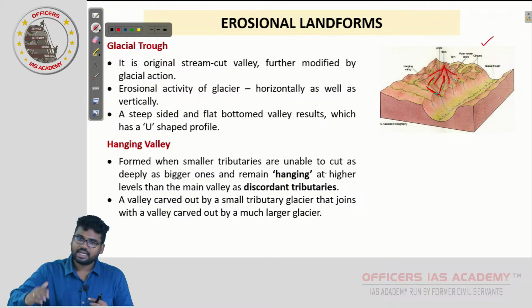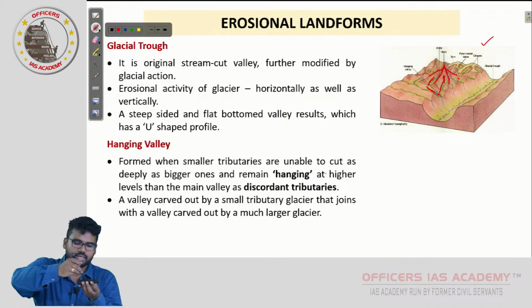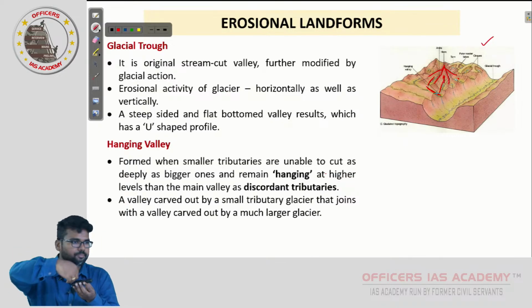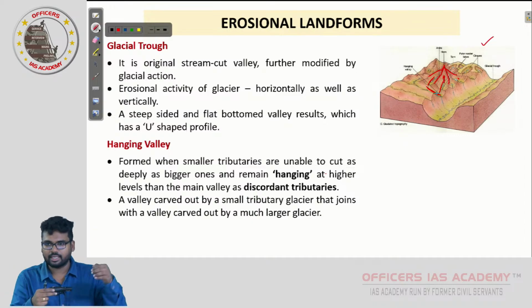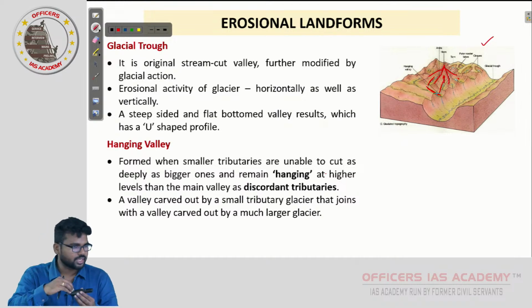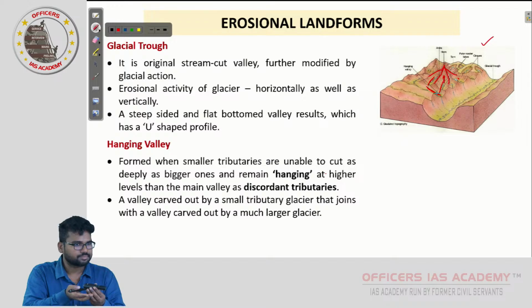Yes. When that happens multiple times, let's say on this surface when one glacier happens, another glacier, when they are continuously following the same path, every time when they cut or erode, there will be a kind of depression created. And when this happens for a long period of time, see here in this surface there will be a hollow basin cut.